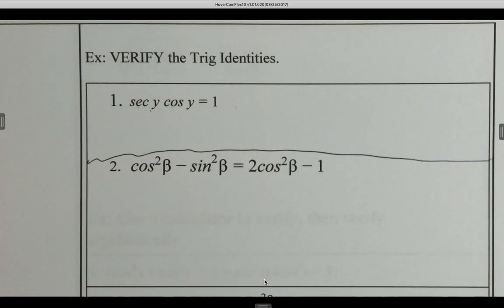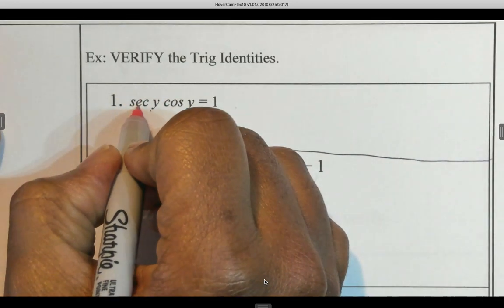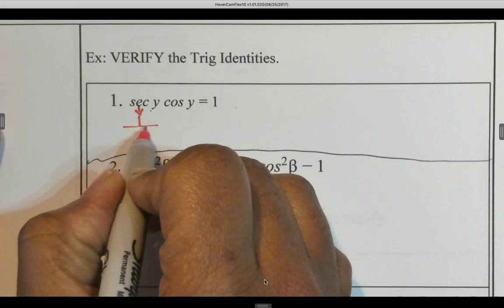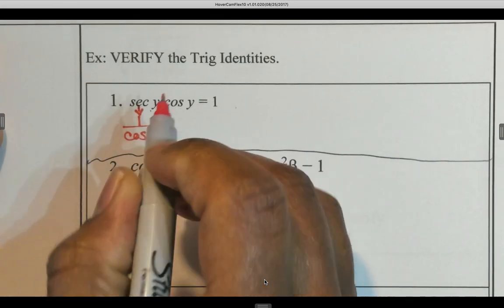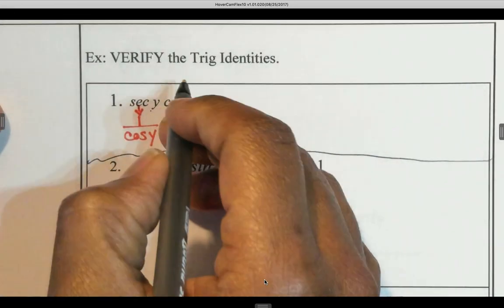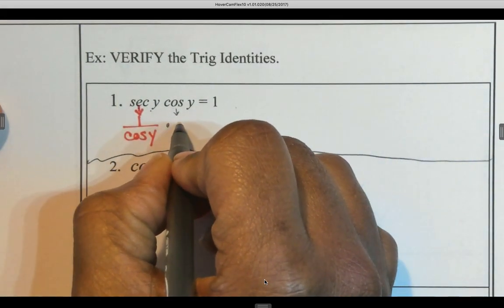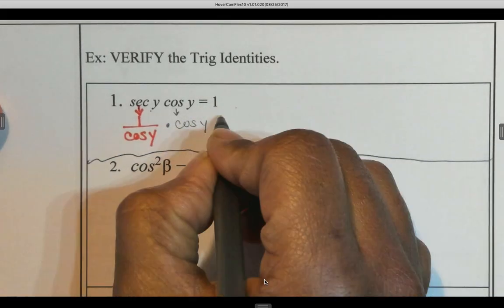All right. So what I'm going to do is rewrite secant in terms of sine or cosine. And we know that secant is the reciprocal of cosine, so I'm going to rewrite it as 1 over cosine. Because cosine here is already written in terms of cosine itself, I don't need to change it. So I'm just going to rewrite it as cosine y.